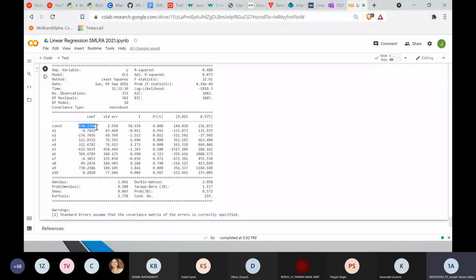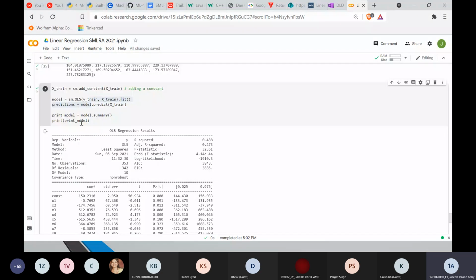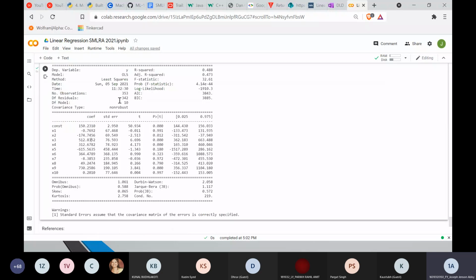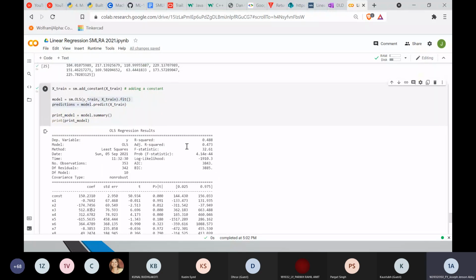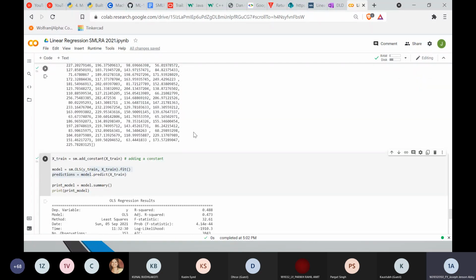This is the constant value, the y-intercept, and these are the values of m1, m2, m3, and so on. We are using this statsmodels library to print the summary of this. So we have successfully created the linear regression model to find the disease progression of diabetes.